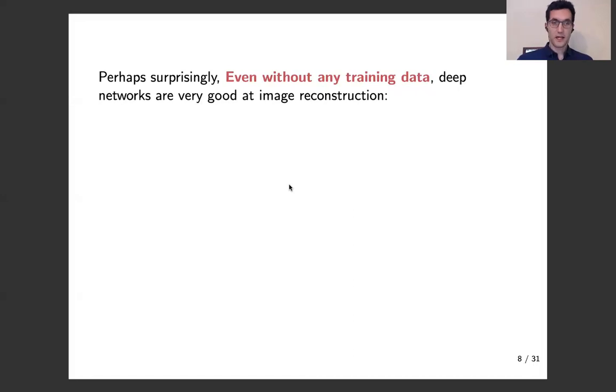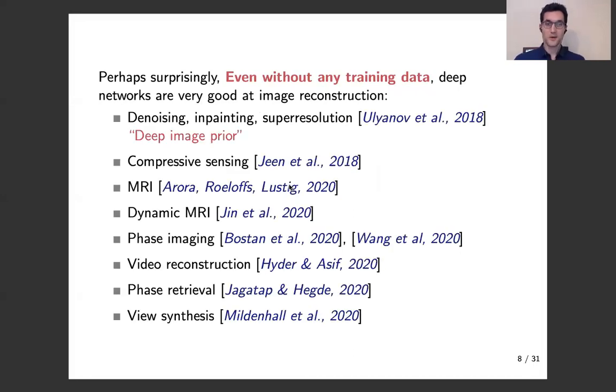That might come as a surprise, but right now there is already a large body of evidence showing this for different problems. So this line of work really started in 2018 with the deep image prior paper. I'm going to talk more about this later. And then a number of people showed that this works well for compressive sensing, MRI, dynamic MRI, phase imaging, video reconstruction, all sorts of things.